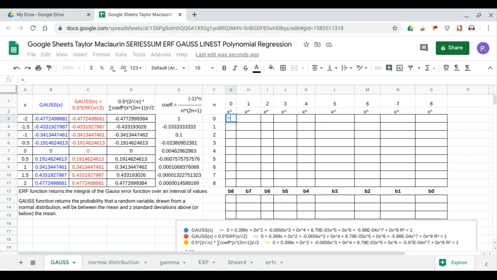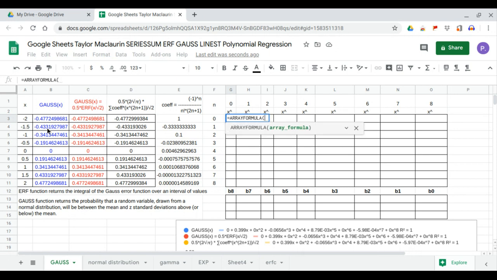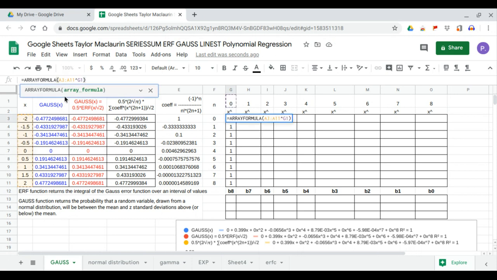We'll generate this 1 comma x matrix. So array formula of the x values to the power 0. That's the 1 column. We lock the reference. So we can complete the 1 comma x matrix.